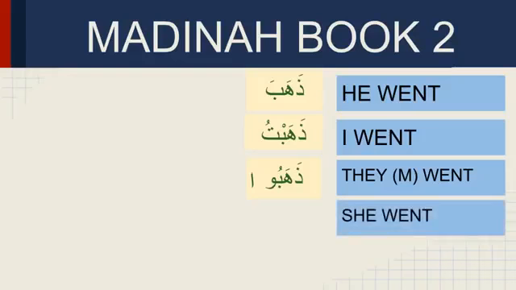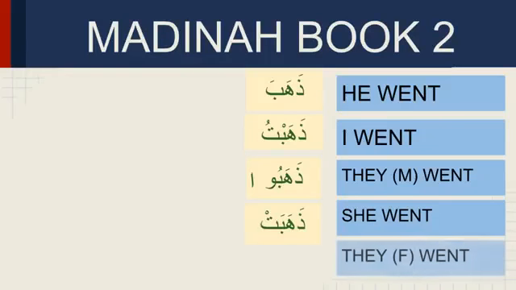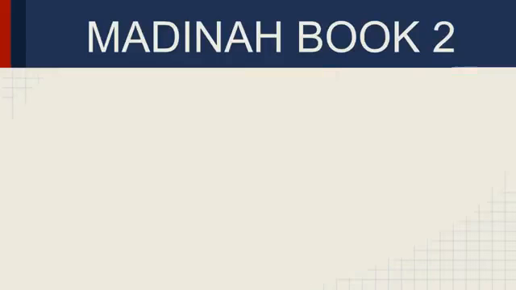She went will be dhahabat. And if I say they all female went, it'll be dhahabna. So this is how we need to relate. We need to use the appropriate verb for the appropriate sentence, inshallah.